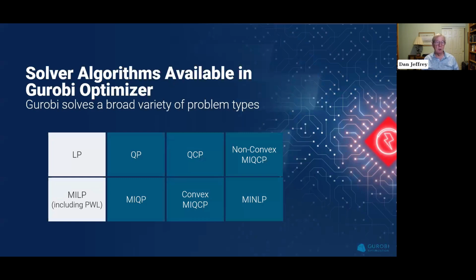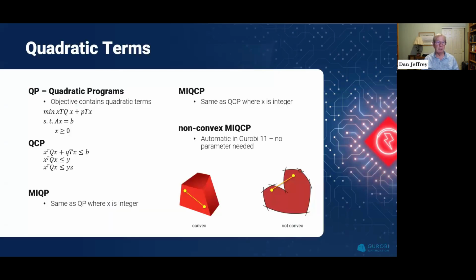And so all of the ones in blue here are nonlinear. So all the quadratic solvers are 4 we're counting here, quadratically constrained, and then the MIP equivalents of those two. And then the non-convex mixed integer quadratic problems are also nonlinear. And of course, the new MINLP solver is nonlinear. So all of these count as nonlinear. Let's talk about the quadratic ones first.